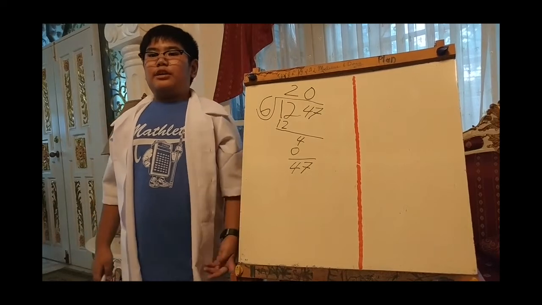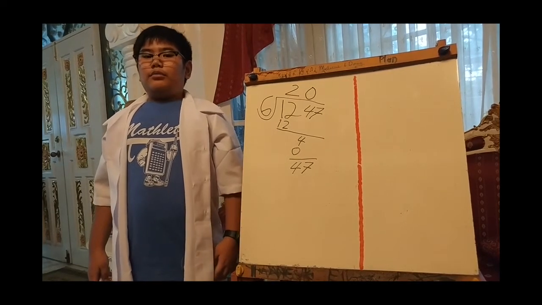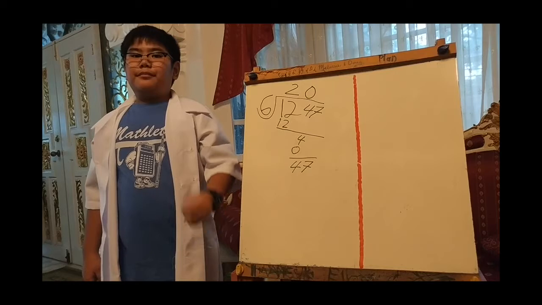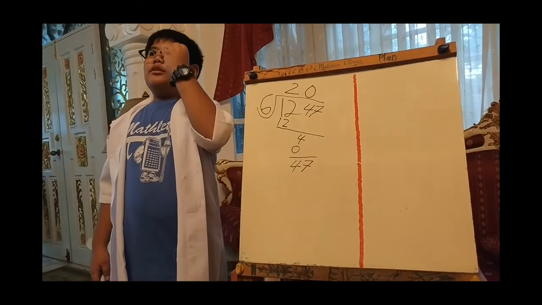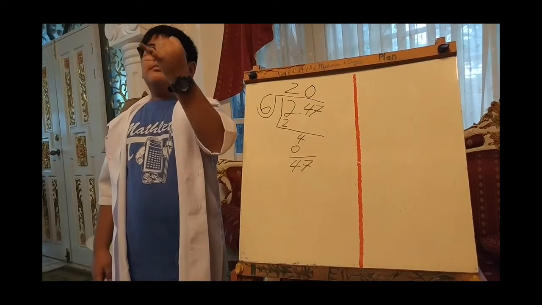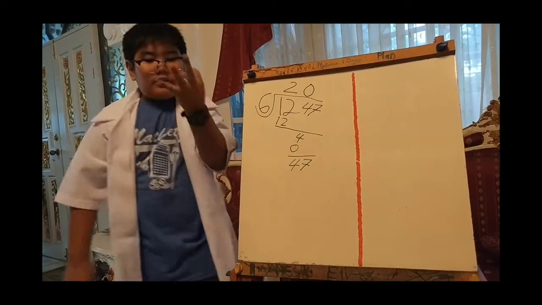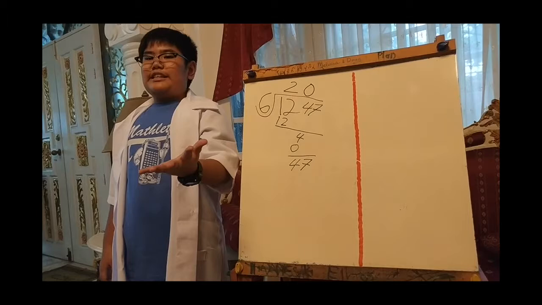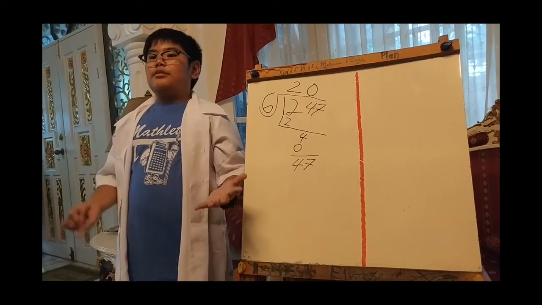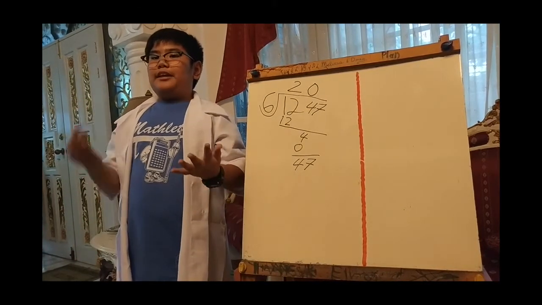How many 6's are there in 47 without going over 47? Let us skip count again. 6, 12, 18, 24, 30, 36, 42, 48. Whoops!